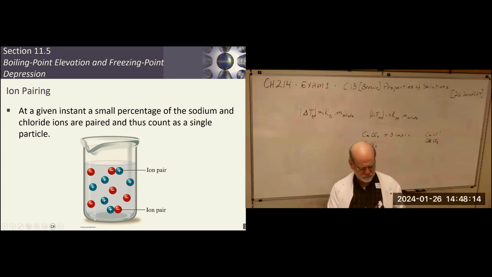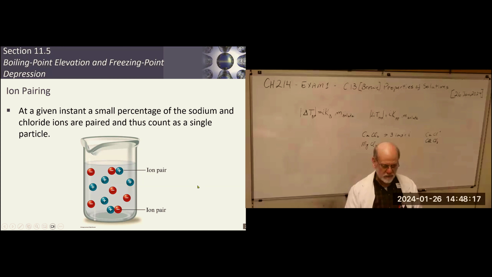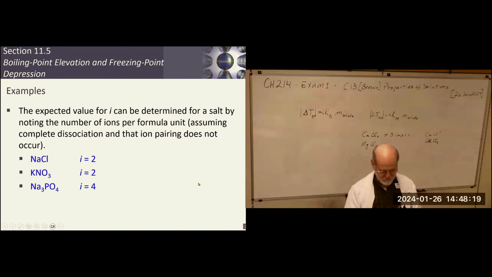And that's beyond us here. Just be aware of it. Theoretically, then, sodium chloride would be i=2, calcium nitrate would be i=2, because the nitrate ion is polyatomic and holds together as a single ion. And sodium phosphate would form 3 sodiums and 1 phosphate, so i would be 4.